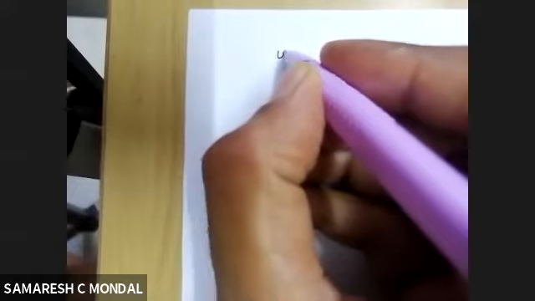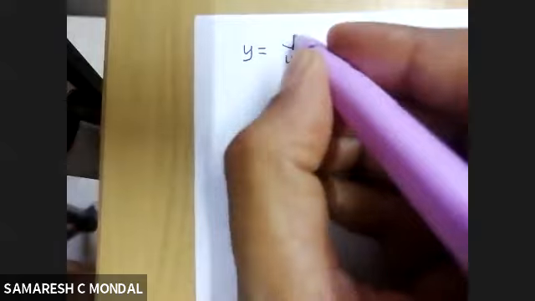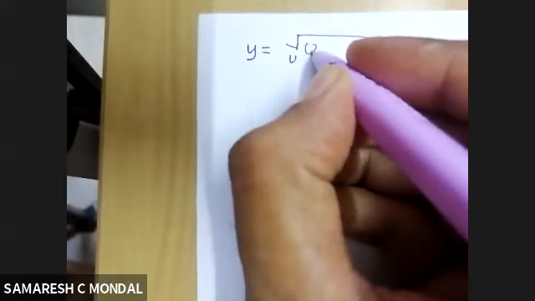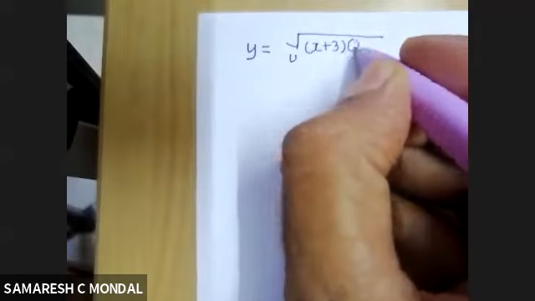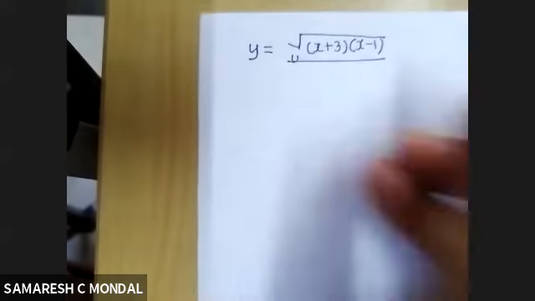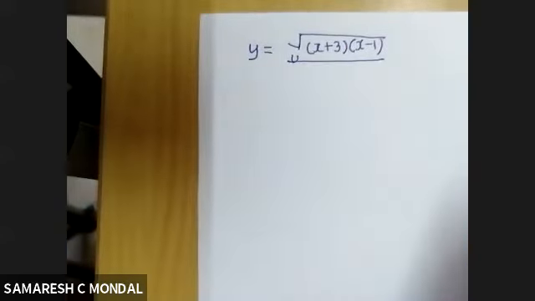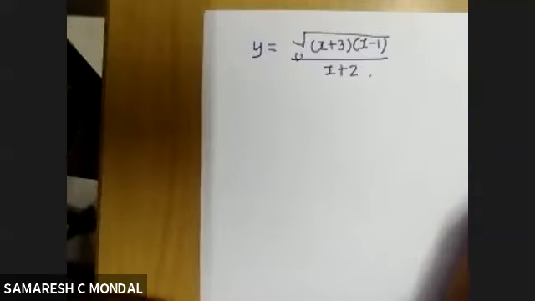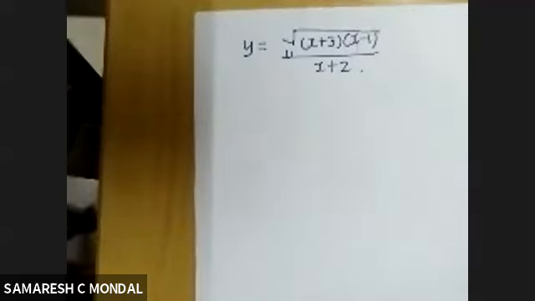So I write y, or the function f(x), whatever I write, is root of (x plus 3) into (x minus 1) whole divided by (x plus 2). Nice problem. Small trick is there. So you need to find the range. We have learned in quadratic equation that for a rational function, quadratic by quadratic, we used to find the range.